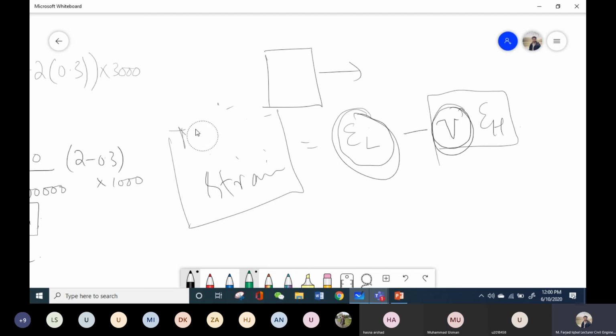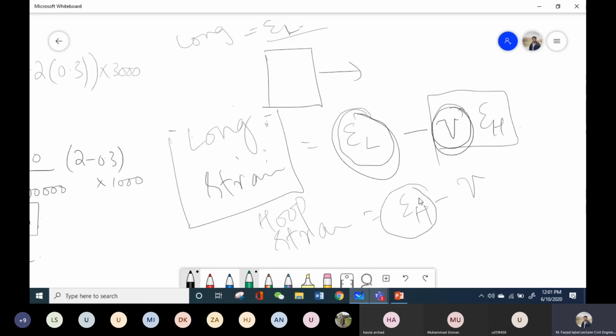A longitudinal strain is epsilon L, but again, due to the concept that it produces strain in the other direction as well, it won't be directly epsilon L. It will be slightly less than epsilon L. If we are doing it for the circumferential direction, that will be the hoop strain minus nu times epsilon L, because in this case the stress is applied in the direction of the hoop stress, so strain will be produced in the other direction as well. So this is the actual value, and due to the reduction this is the net value in the hoop direction.